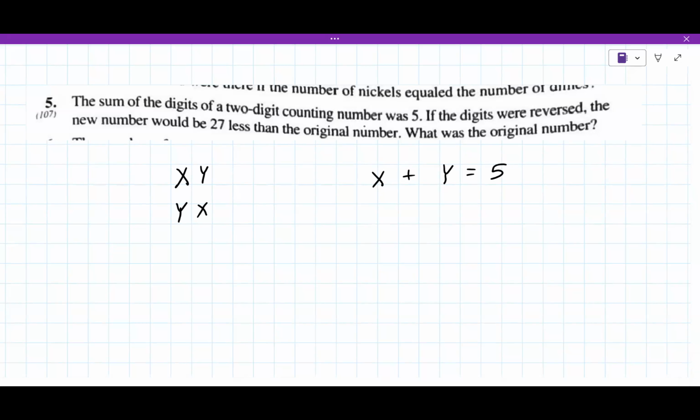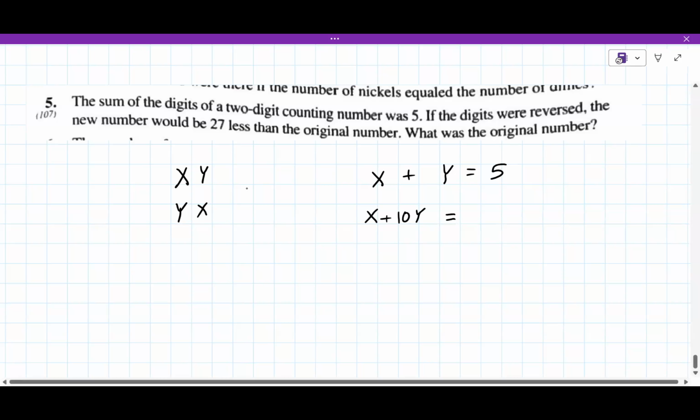The new number, and this is where it's a little awkward, is x plus 10y. You can't just merge them together. This number is 27 less than the original number. The original number is y plus 10x.